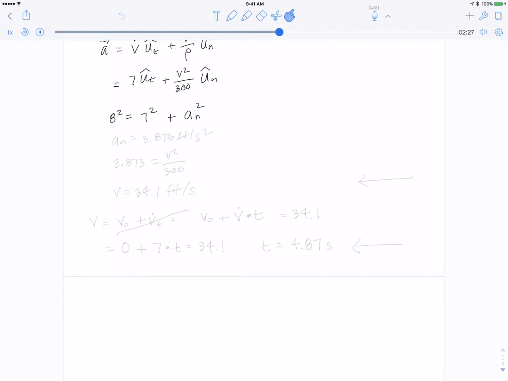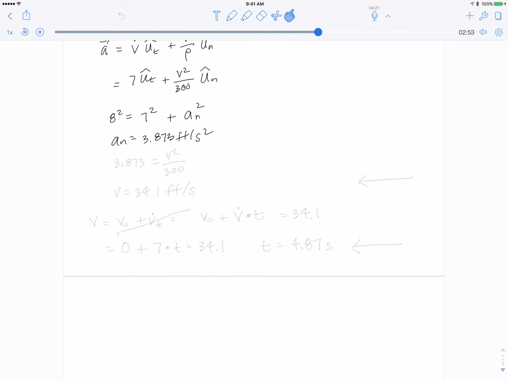We'll solve for a normal, and then we'll plug in for v. So a normal equals the square root of 64 minus 49, and that's 3.873 feet per second squared.